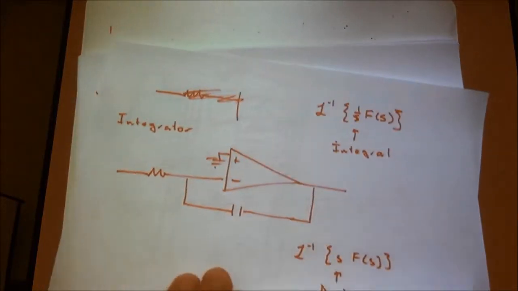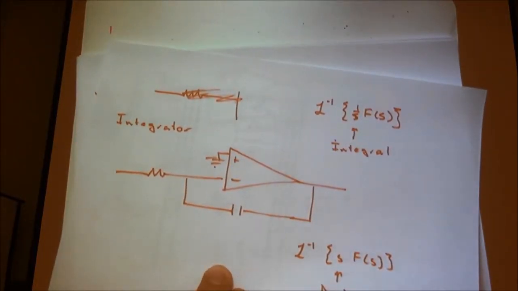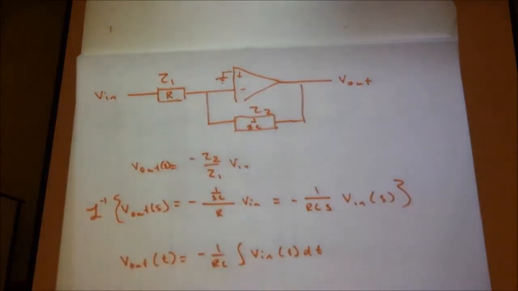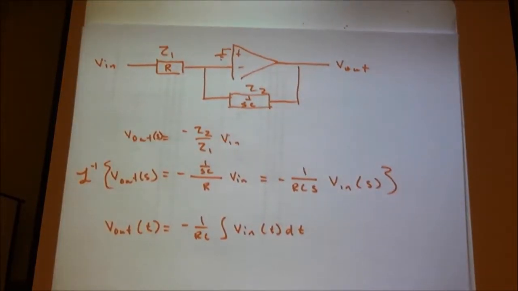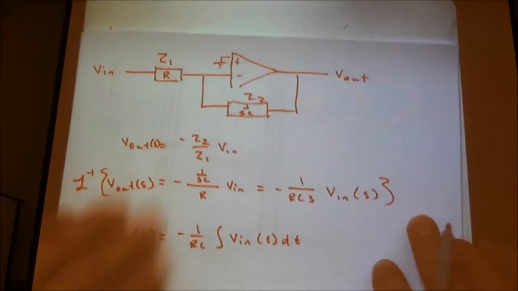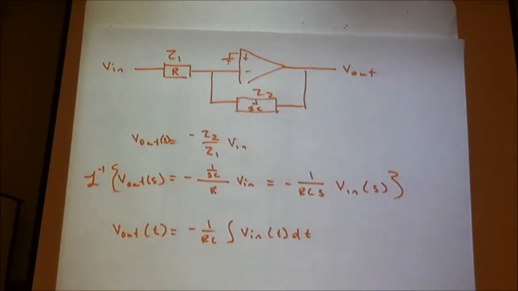And we derived that using relationships between current and voltage of capacitors and resistors. But here we did it with the math, using impedances and known relationships for Laplace transforms. Is that okay now? Did you get it?